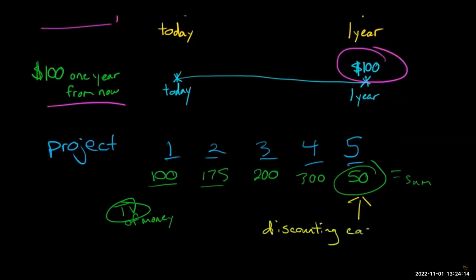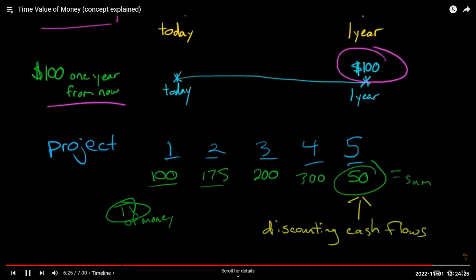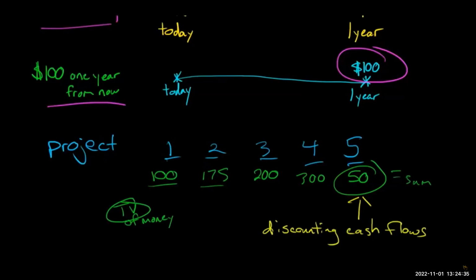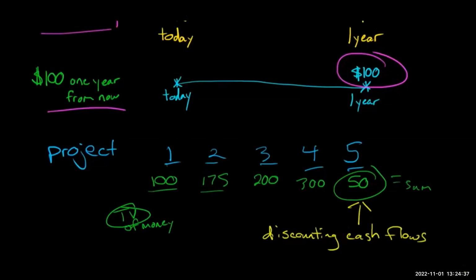So that 50 here is a cash flow in year 5. And what we're saying is, what's the rate of return we could have earned on money today? Let's say 5%, 7%, whatever it is. Then we use that to discount this number, so it's going to be something less than 50, maybe 30 or 35 or whatever, depending on your discount rate, that could have been invested today to get 50 5 years from now.